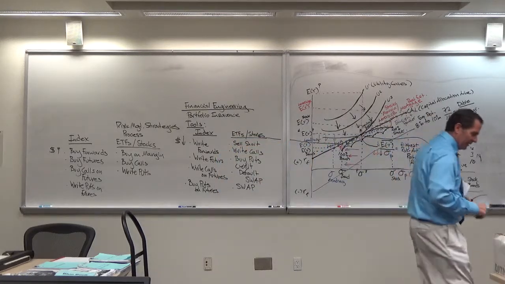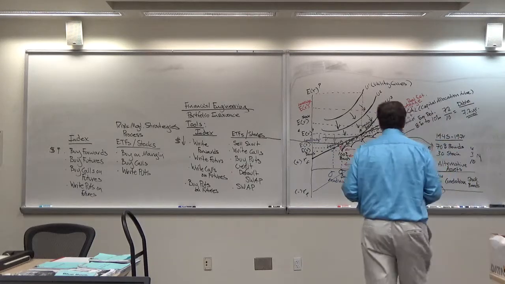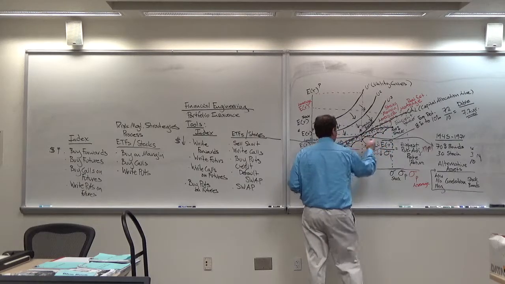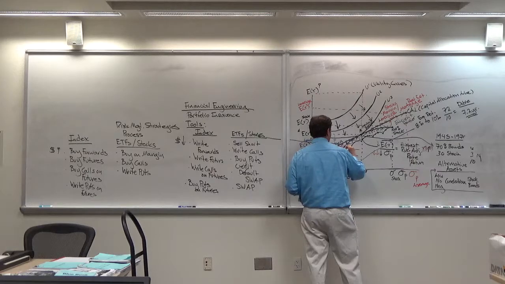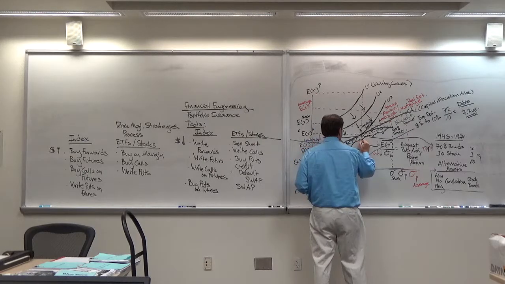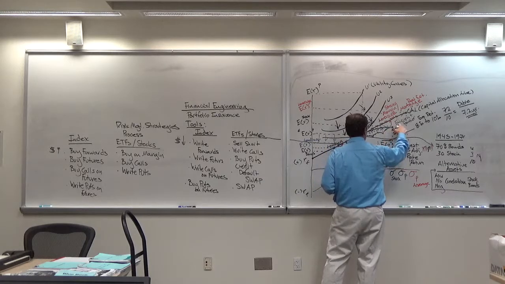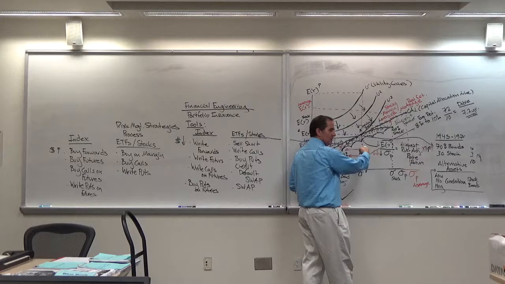You guys are going to be financial economists in this exercise. This is called right here. What I would do is go like this, and then I go like this. This is called the efficient frontier umbrella, because it looks like an umbrella. Right?